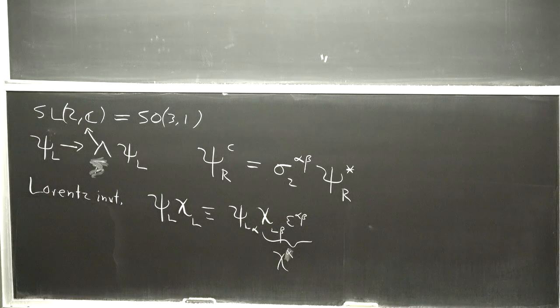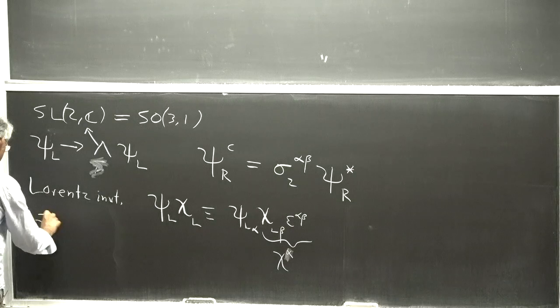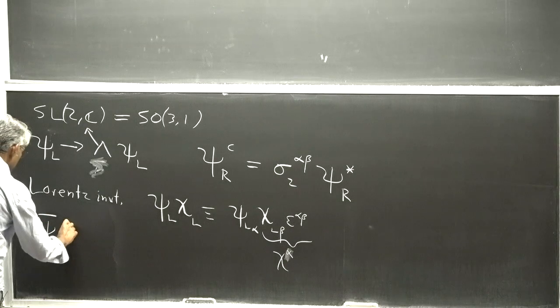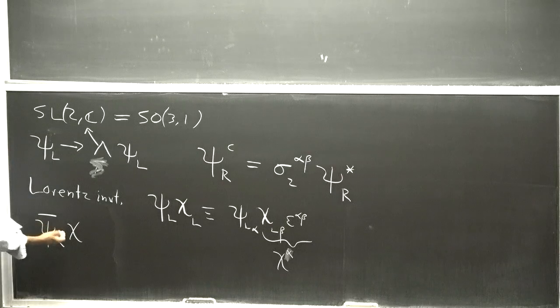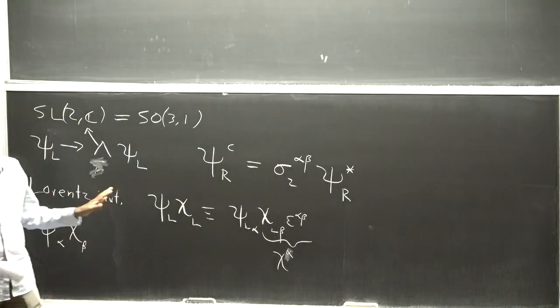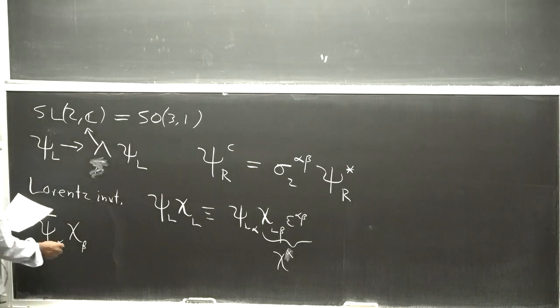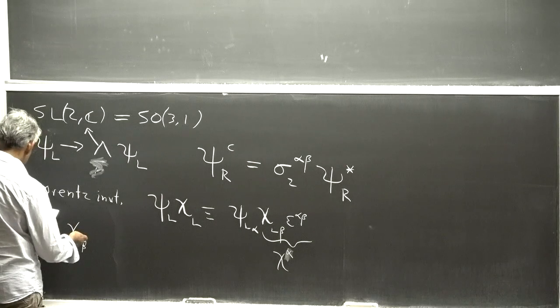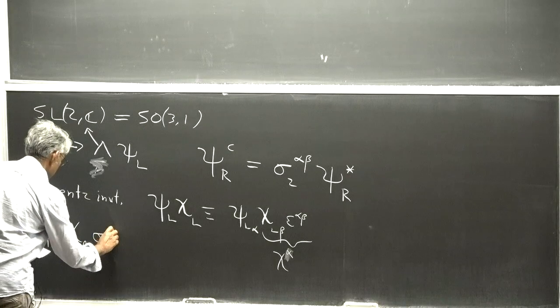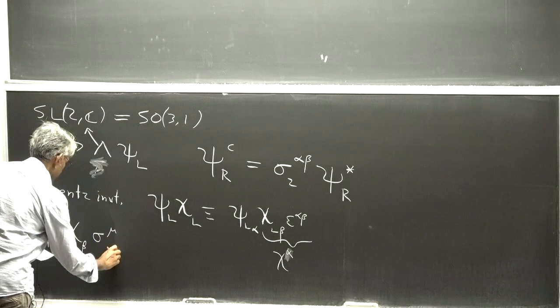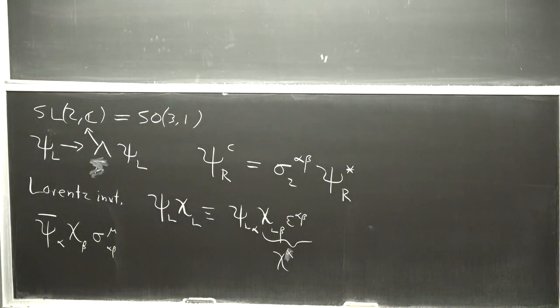And then the other thing that's useful to know is the other kind of bilinear. The other bilinear that we mostly need is if you have something like ψ bar χ, but both of these are left-handed. Again, now that I've told you this, everything in sight is left-handed spinors from now on. So here are two left-handed spinors, but this is the conjugate of one in this way. And if we contract these, we can make a Lorentz vector, okay?